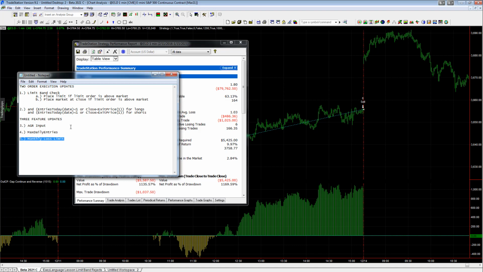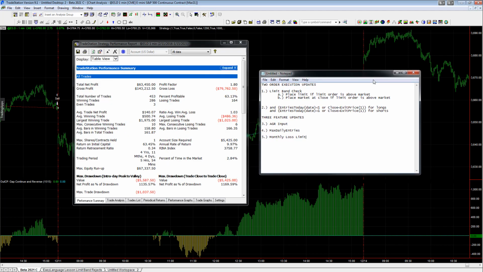So you have to think about how your strategies work in relation to one another and not be too anxious to micromanage each strategy if you're trading a portfolio of strategies. Once again, 3 feature updates and 2 order execution updates. None of the default features actually change the original strategy. One doesn't change it, and one changes it a little bit, and I'm going to go over that now.